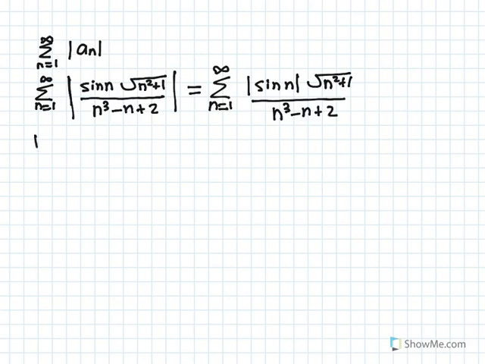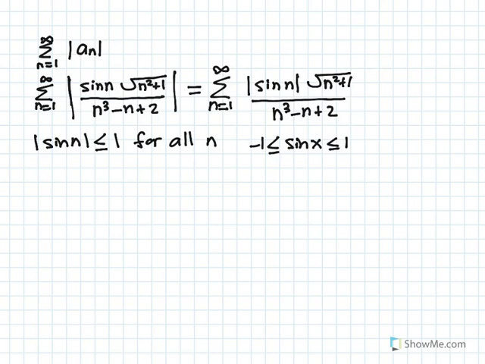Now, we know that the absolute value of sine n is less than or equal to 1 for all n, and that's because sine x is always between 1 and negative 1.